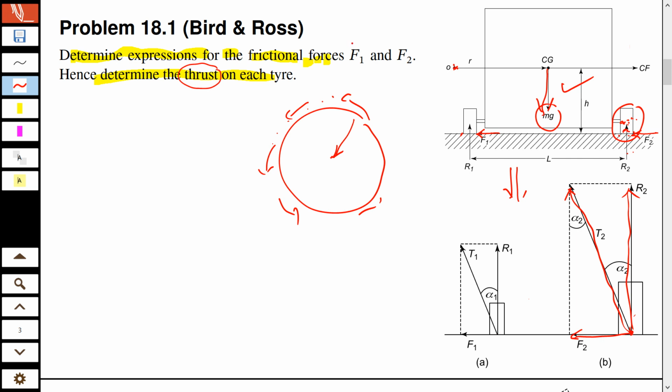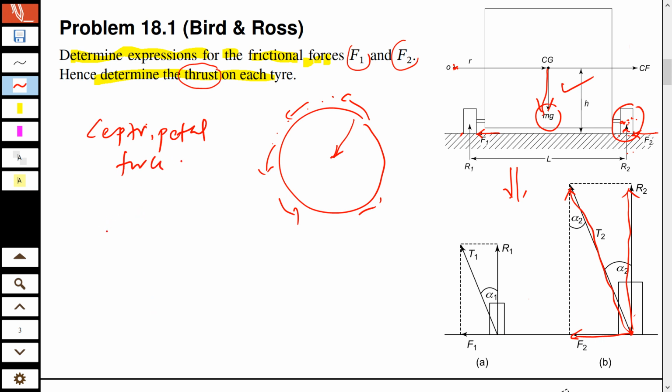और of course first part you want to know the expressions for F1 and F2. अब इसको solve करने के लिए क्या तरीका है? The central point to understand here is the centripetal force. You do need centripetal force, ठीक है.